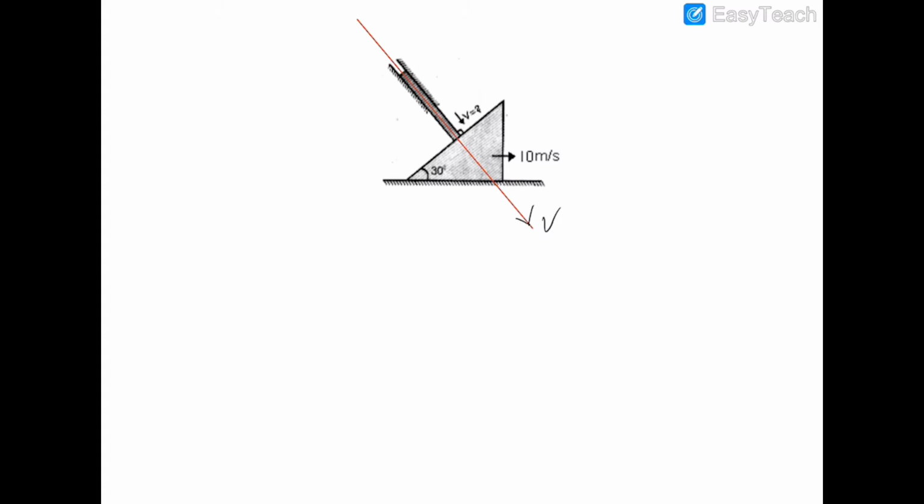Okay, you can see that the velocity V is already on the normal, and we have to join this velocity of 10 meters per second with the normal. So we have to identify the correct angles.